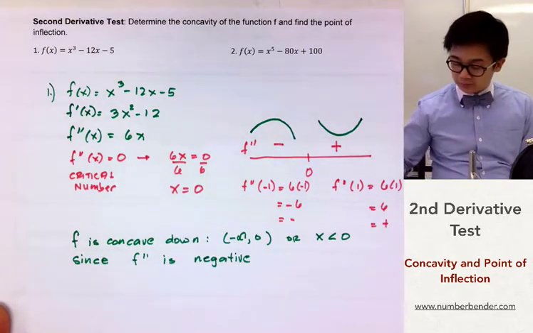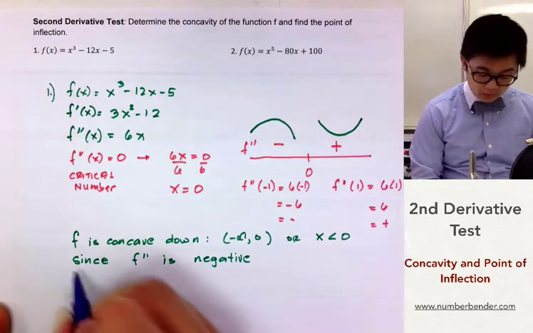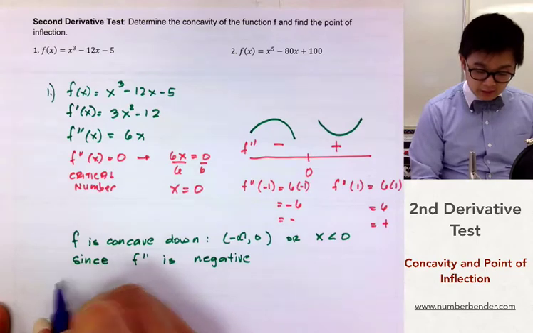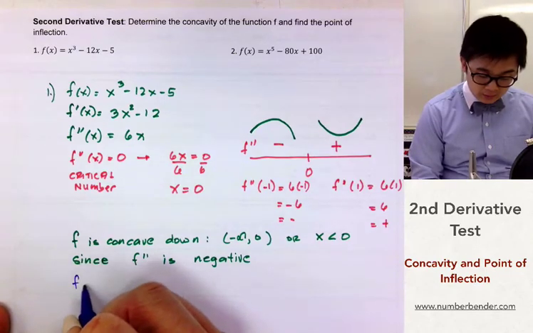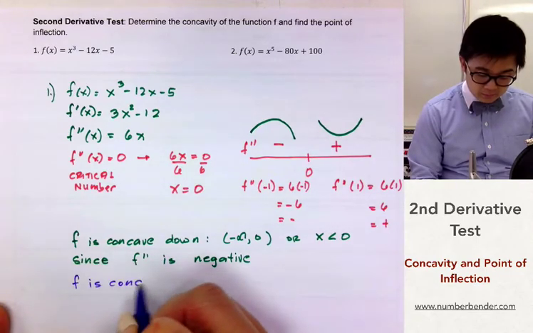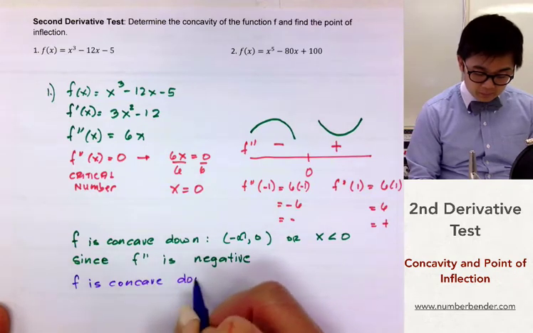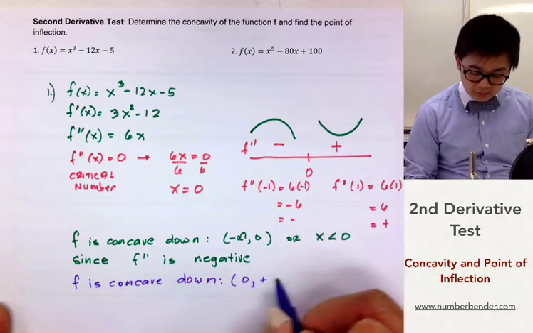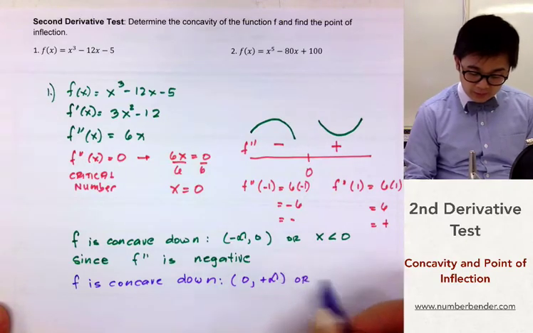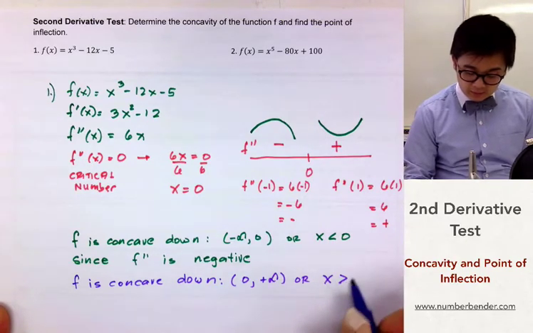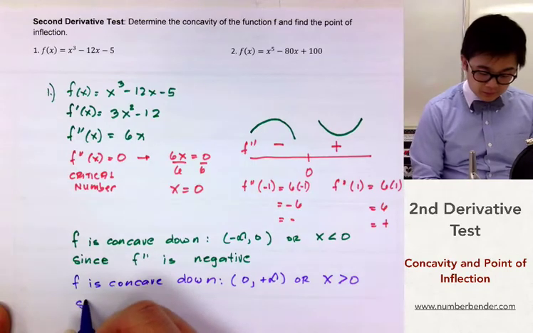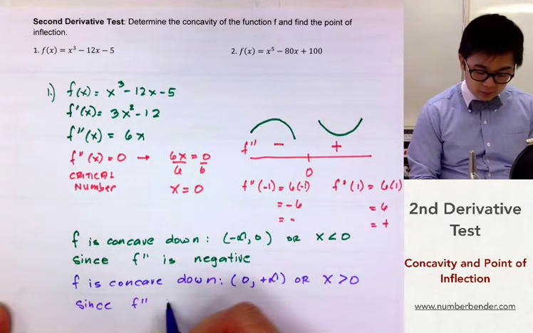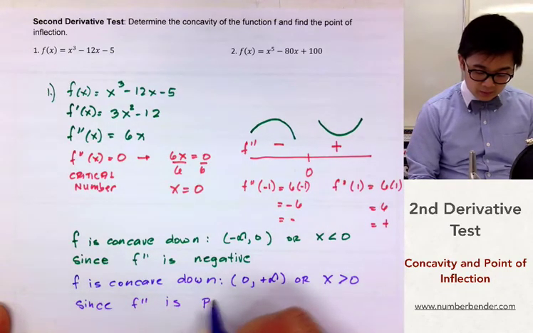And f is concave up on the interval 0 to +∞, or we can write it out as x greater than 0, since f double prime is positive.